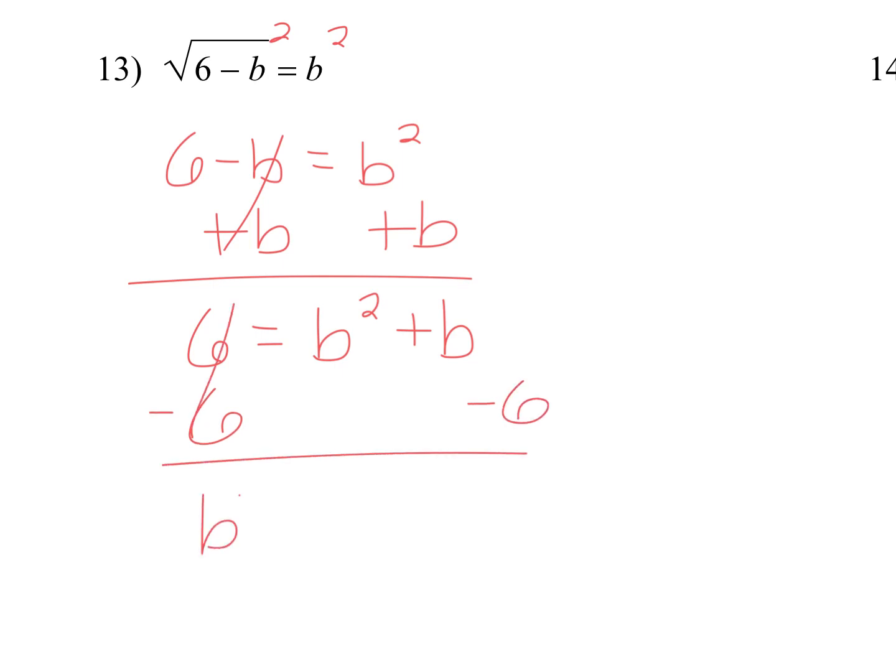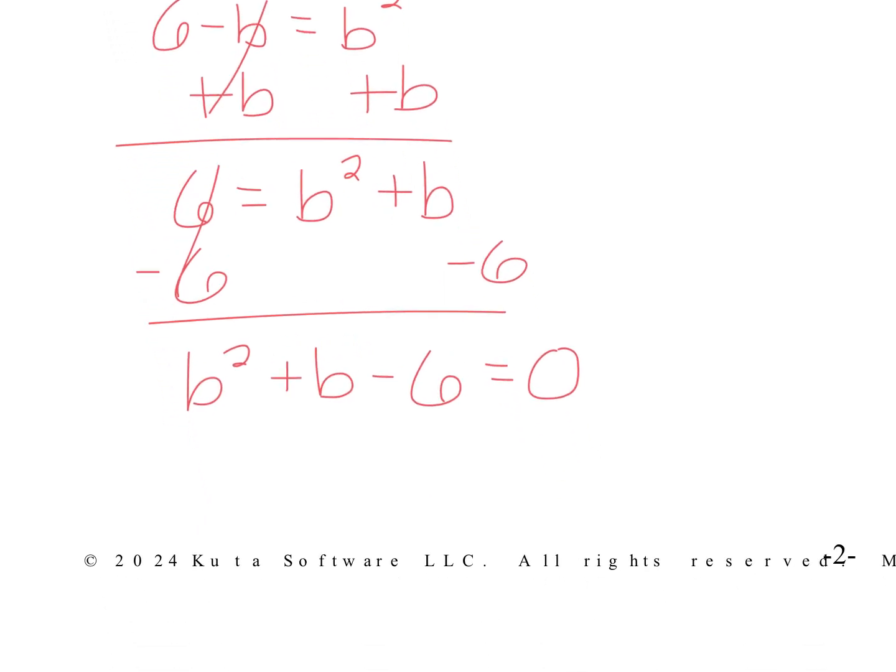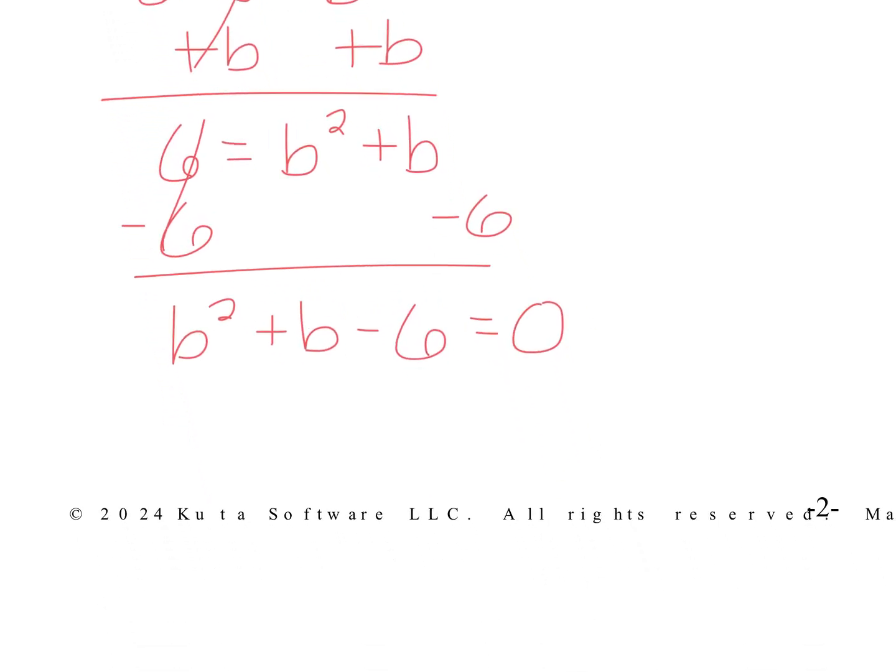So we have b squared plus b minus 6. What's it equal to? 0. Okay. Thoughts? You could. So that's what? What method is that called? That's completing the square. We could do that. What else?